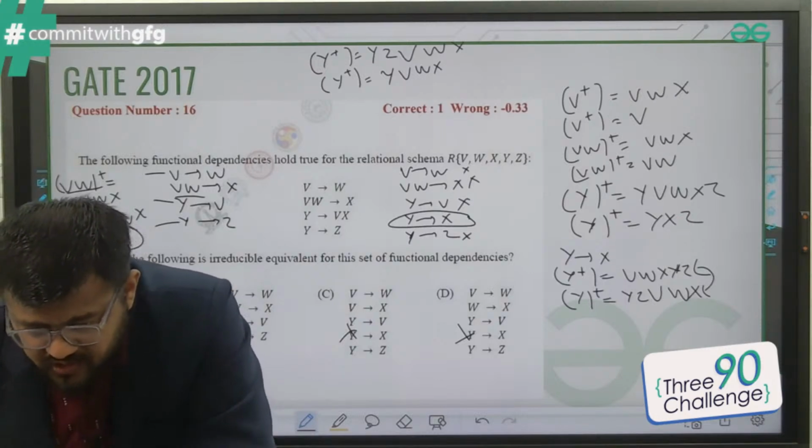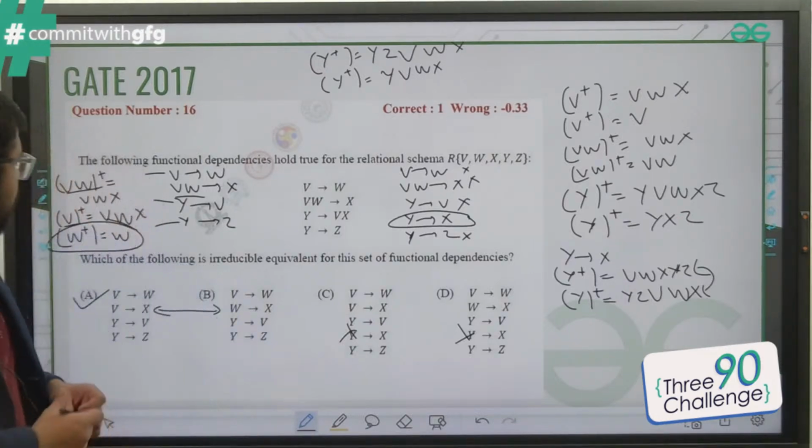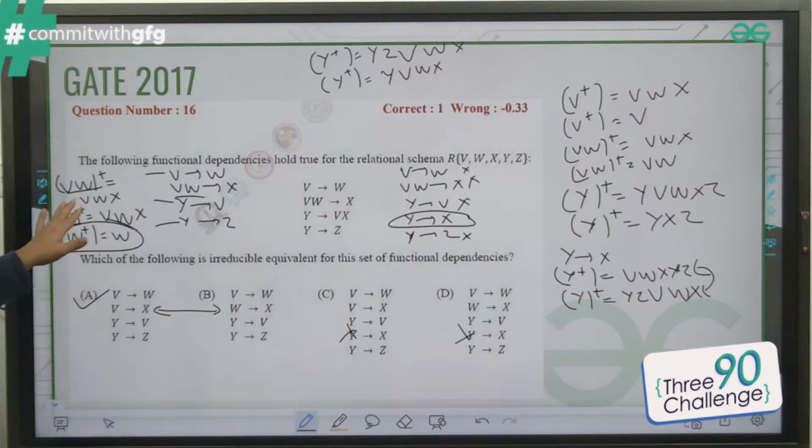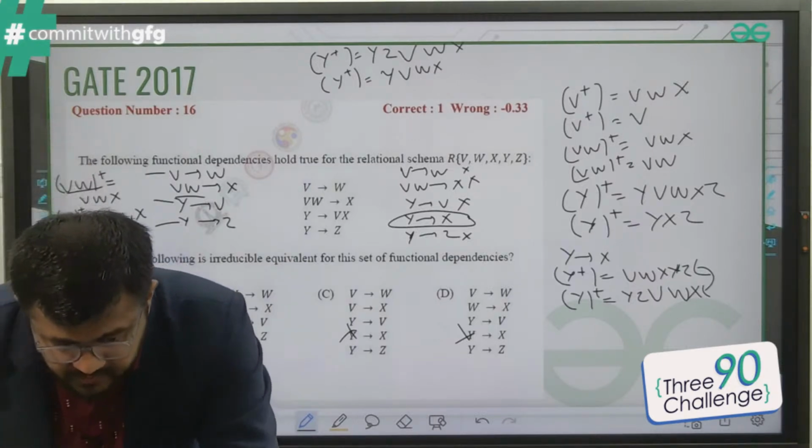A is the only correct one, as I said, because here V plus is giving me VWX and W plus is giving me W only. So if I take VW plus, it is the same as V plus, so W is redundant, so your A option is correct.